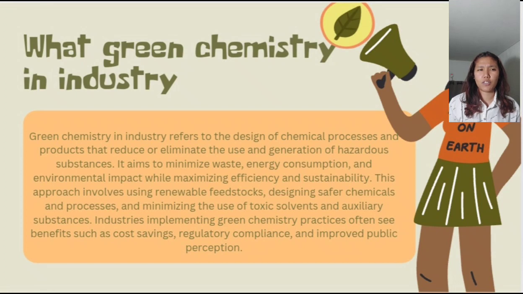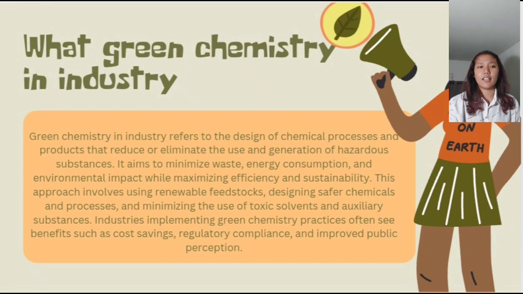This approach involves using renewable feedstock, designing safer chemicals and processes, and minimizing the use of toxic solvents and auxiliary substances. Industries implementing green chemistry practices often see benefits such as cost savings, regulatory compliance, and improved public perception.